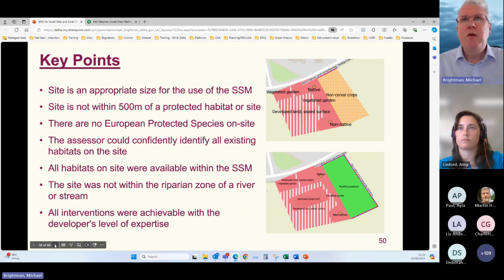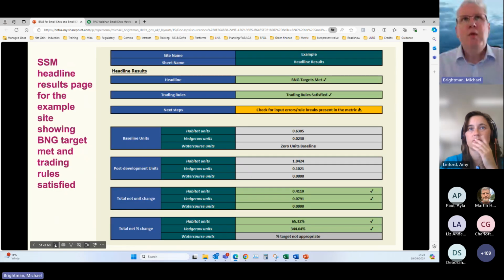Also, the site's not within a riparian zone, and the interventions were achievable with the developer's level of expertise. So from that, we have a valid metric. Remember that a valid metric has no red flags or boxes throughout it, and we see here the green boxes and green ticks signifying a valid metric.